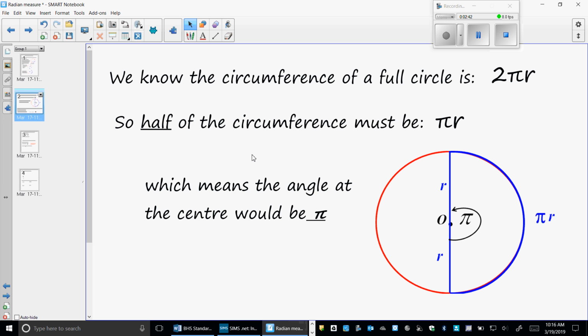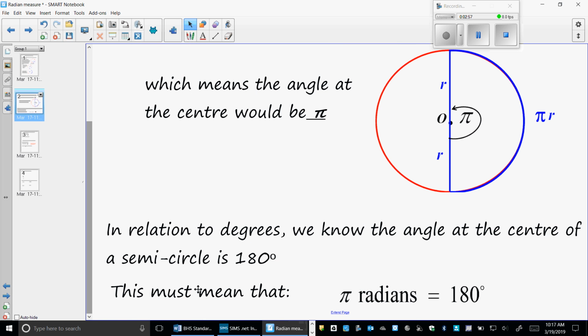Following those pictures just now? Because when it was 1r, it was 1 radian. When it was 2r, it was 2 radians. So if it's pi r, it's going to be pi radians. That means that pi radians is equivalent to 180 degrees.